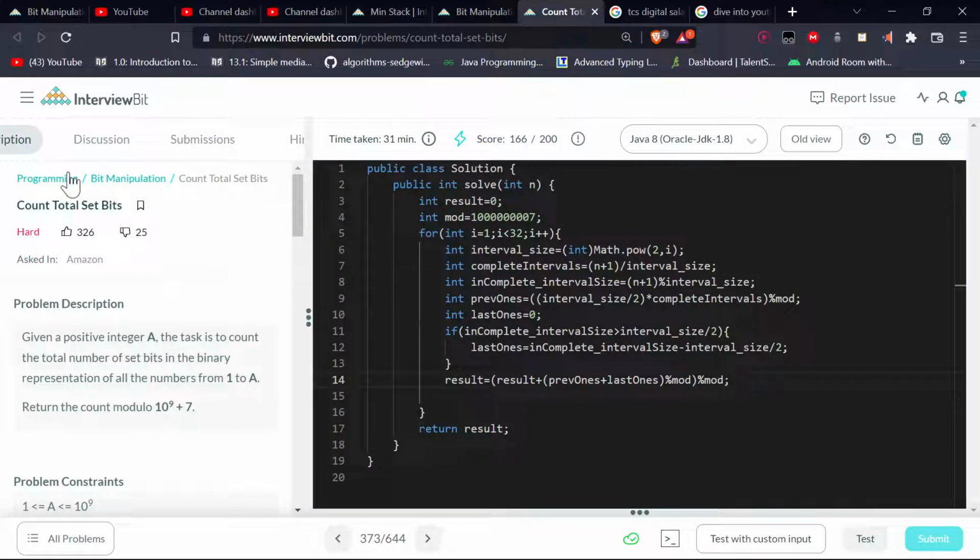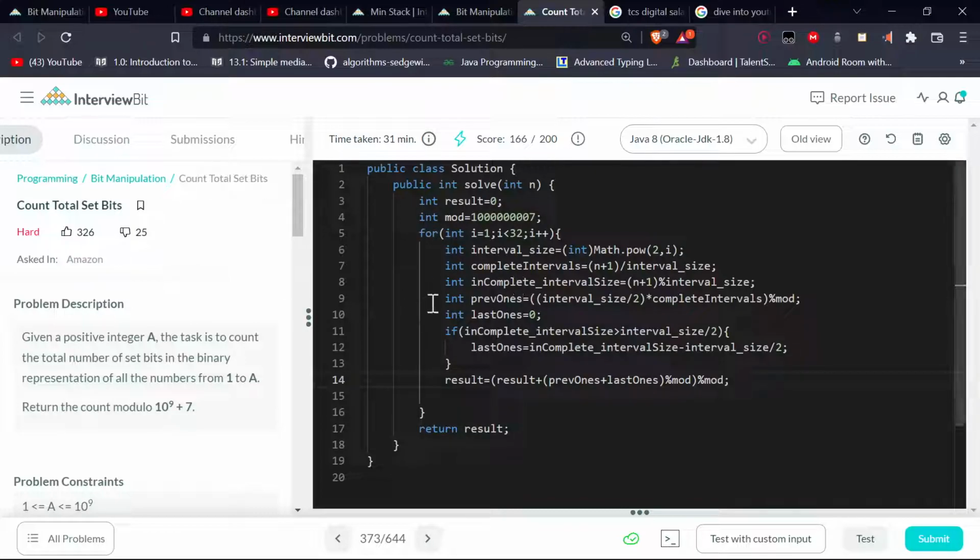This is the first hard problem. I am getting excited. So we are given an n, and I am storing the total count of bits in the result. Here in the question it is stated that the result may overflow, so we are asked to use modulo. I'm taking a mod variable here.